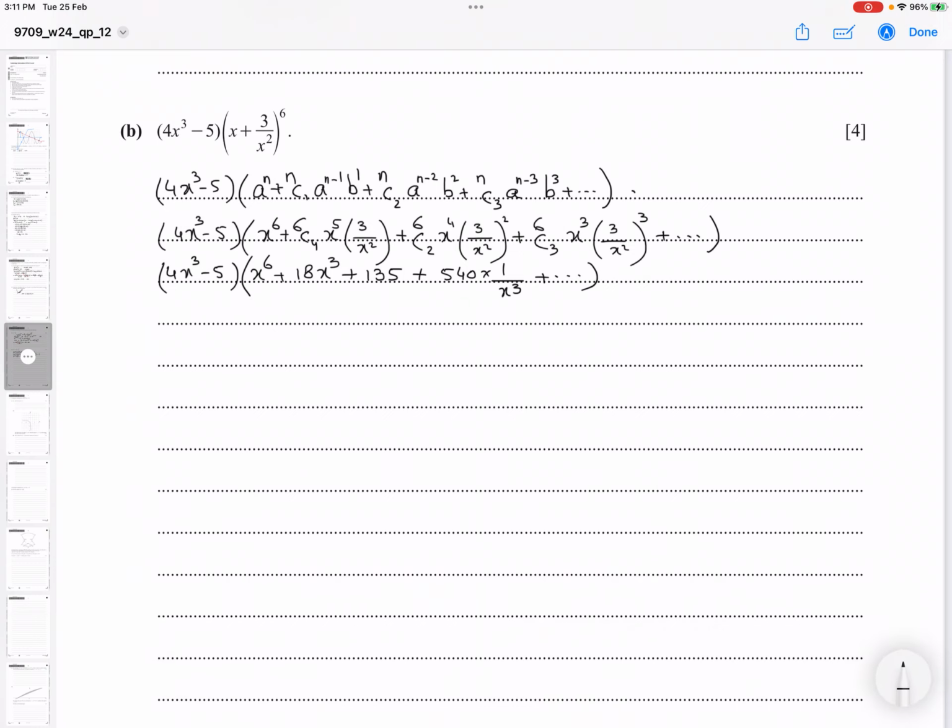So when 4x to the power 3 is multiplied by 540 into 1 over x cubed, you will get 2160, minus this, minus 5 multiplied by 135, you will get 675. After subtracting these values, you will get 1485, which is totally independent of x, and this would be your answer.